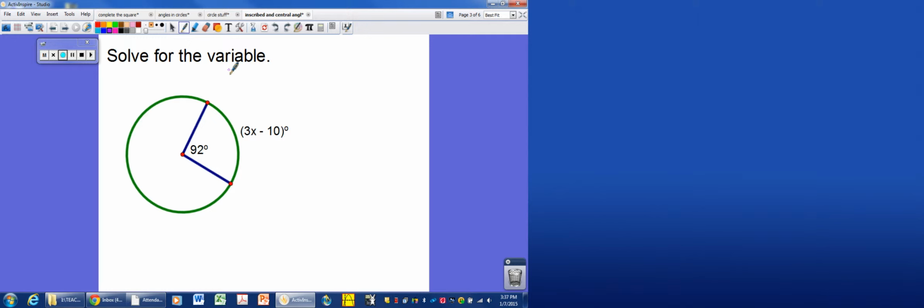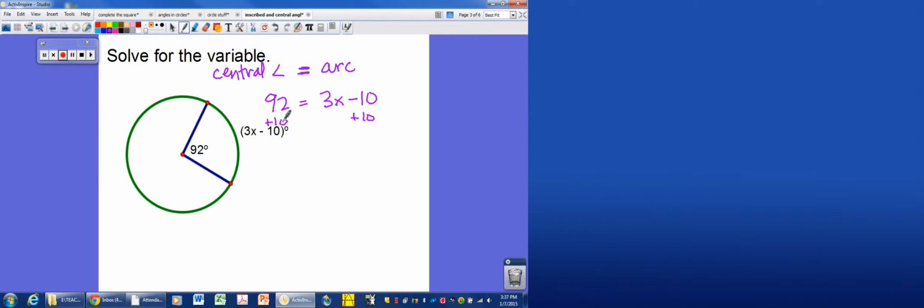Okay, so here we have a central angle. I know it's a central angle because it's an angle formed in the center of the circle. And the central angle equals the arc that it intercepts. That's the relationship between the central angle and the arc. These guys are equal. So in order to create some algebra, we go ahead and set these things equal. Okay, 92 degrees needs to equal 3x minus 10.